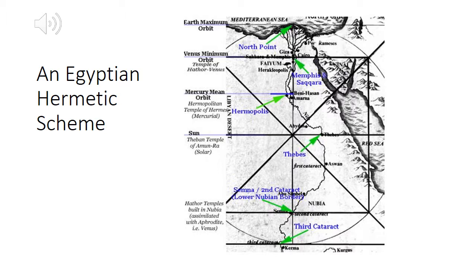Mercury obviously being the Roman name for Hermes, so Mercury also the name of the planet. As the planet was, of course, named after the god, and I'm going around in circles a little bit. But let's move on to the next slide.